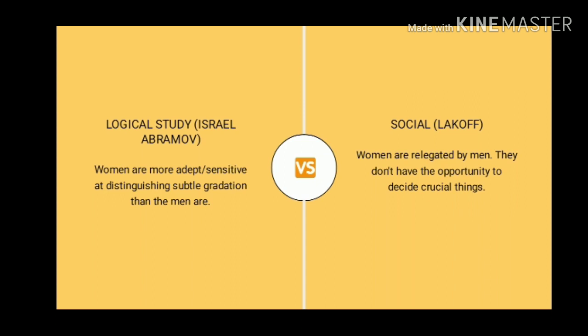So women are not expected to decide something, and color is non-crucial thing. So deciding color's name is the opportunity of women to decide something like that.